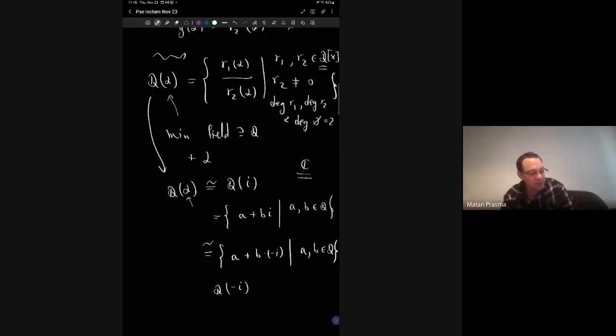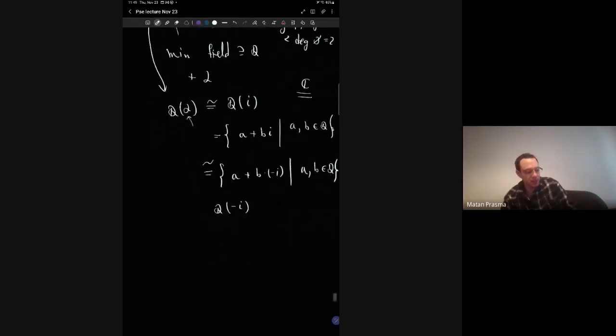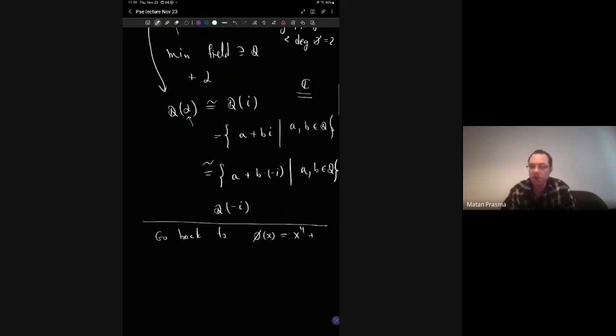In our case, we had these complex numbers in which we can find all the roots. Yeah, or the square root of 2, but you just made up a symbol such that you can carry over the computation. No? Yeah, but the thing is, let's go back to the example of phi of x equals x^4 plus, what is it, plus 2 or minus 2? Let's see, minus 2.